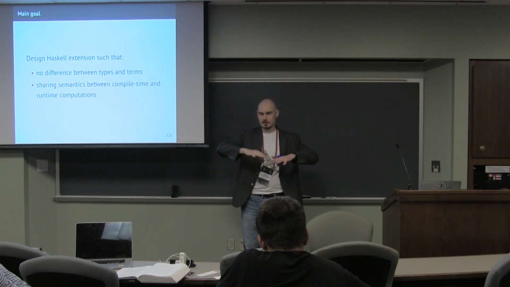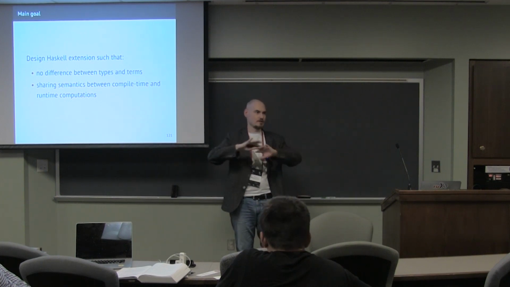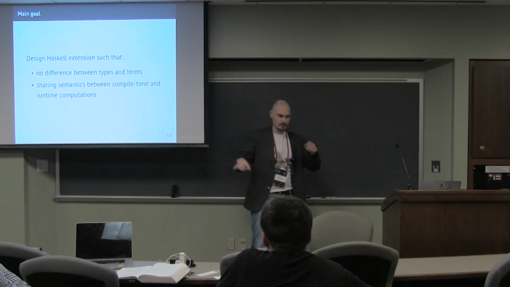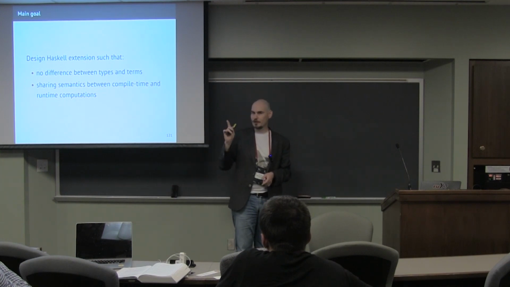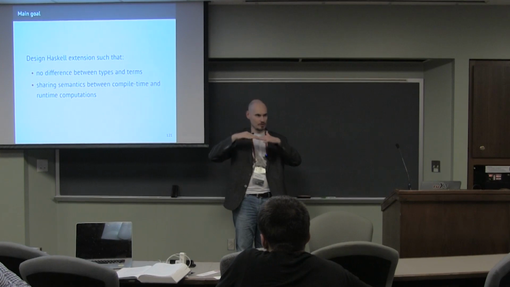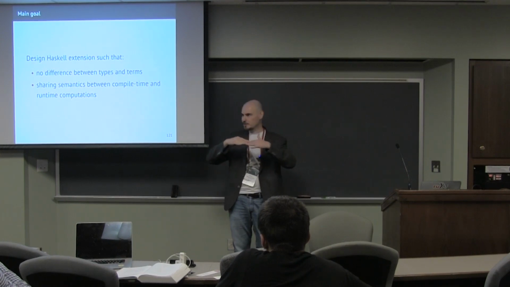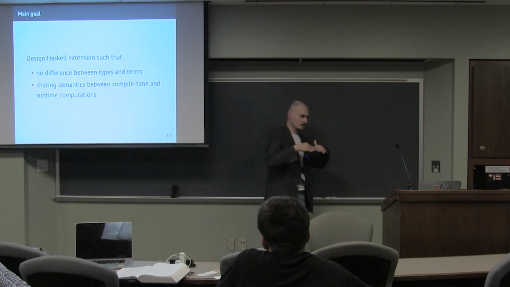We should say that there is no difference between terms, values, types, kinds. All this stuff is just the same thing. That's the goal. And that means, by the way, we want to simplify our core. Because now we have this distinction between values and types, and we want to simplify it, to use just one thing for them. One abstraction, one application for all of them. So that's a goal.